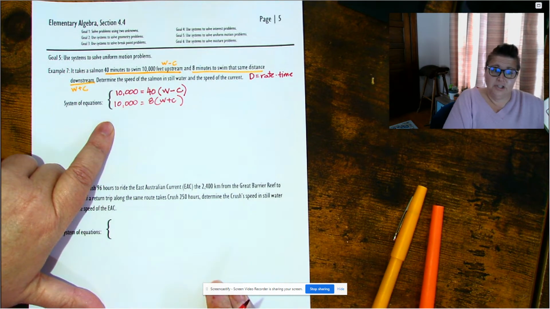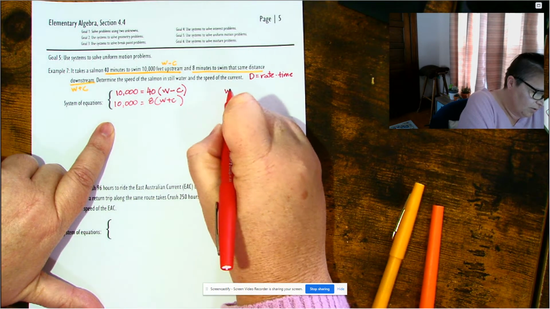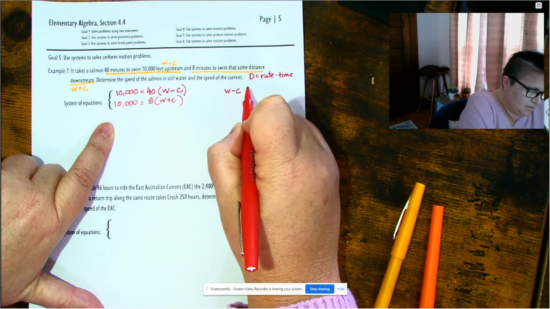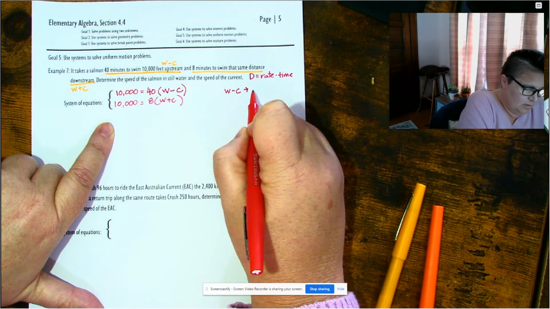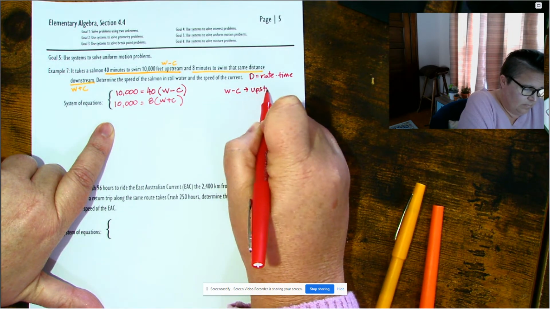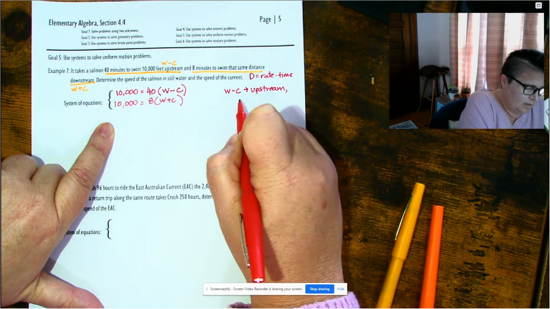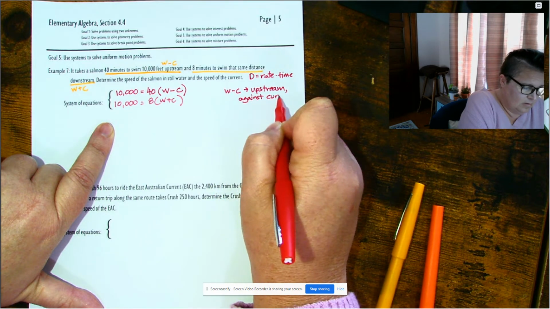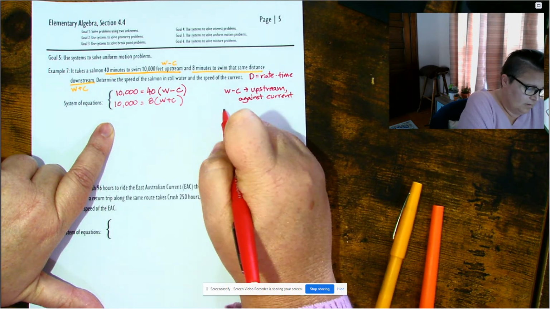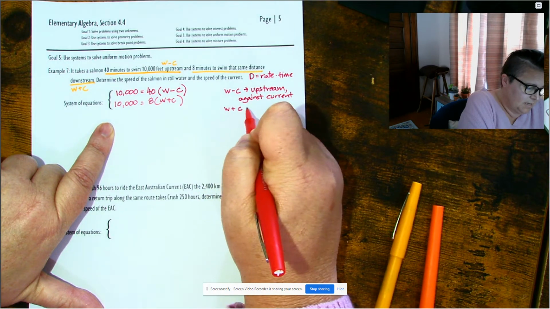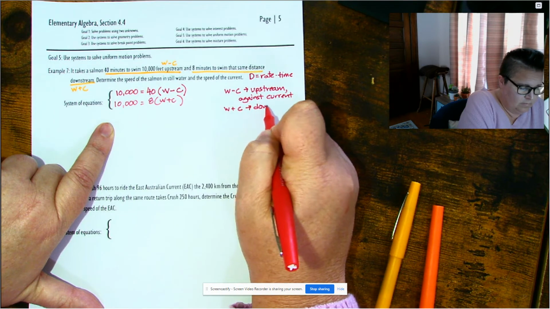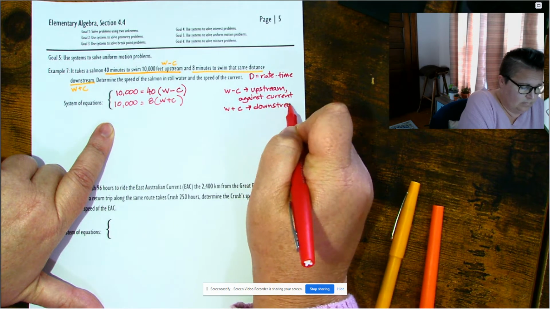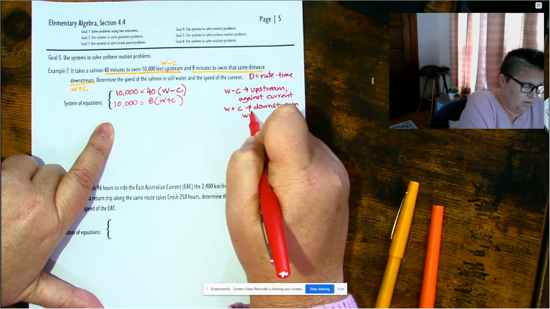And this gives us our two equations. It's worth noting that W minus C is upstream, against the current. And W plus C is downstream, with your current.